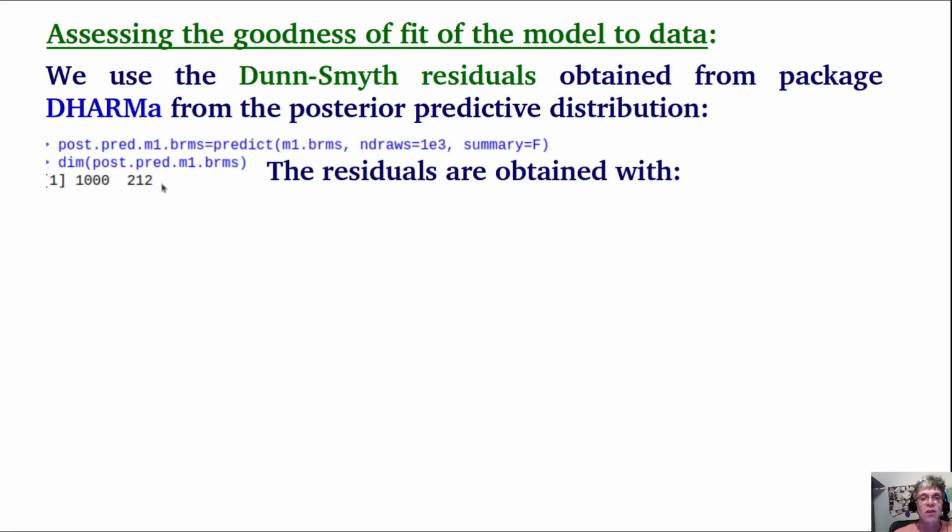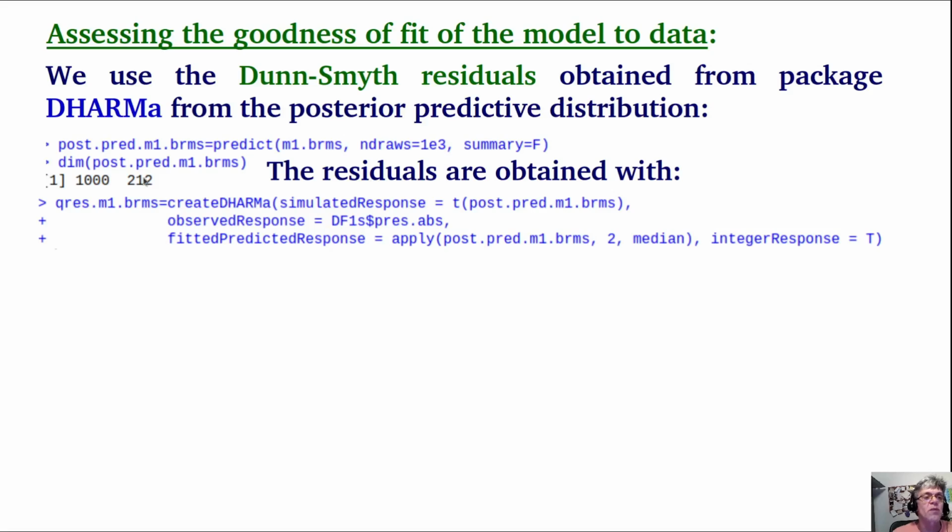The Dunn-Smyth residuals are obtained with the command createDHARMa, in which the simulated response is the transpose of this posterior predictive distribution, just because it happens to need to be the other way around.